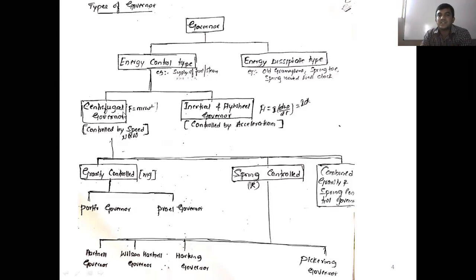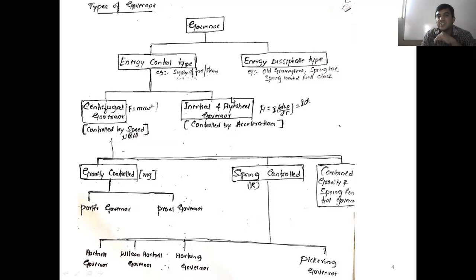When the speed increases, the centrifugal force acts on the governor ball, that is mr omega square. That type of governor is called a centrifugal governor. It is controlled by speed. If you increase the speed, the throttle valve automatically comes to the closed position. If you decrease the speed, the throttle valve opens to supply the amount of fuel. That is called a centrifugal governor.